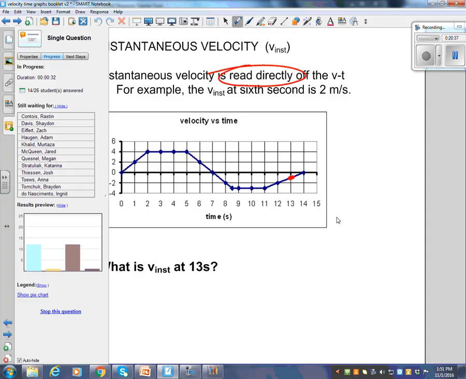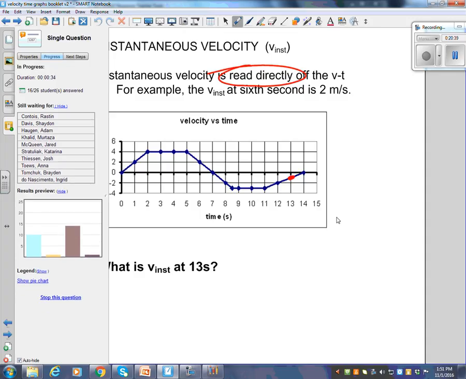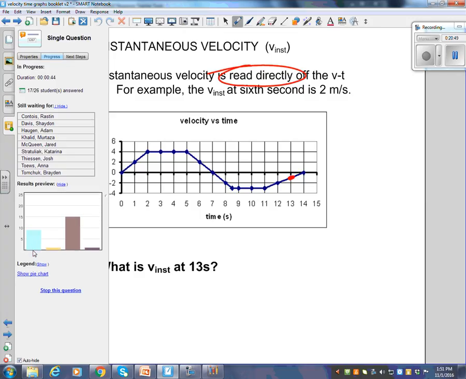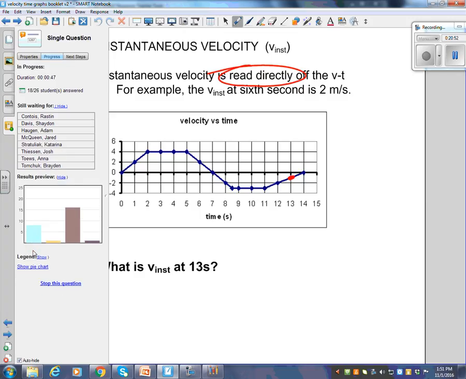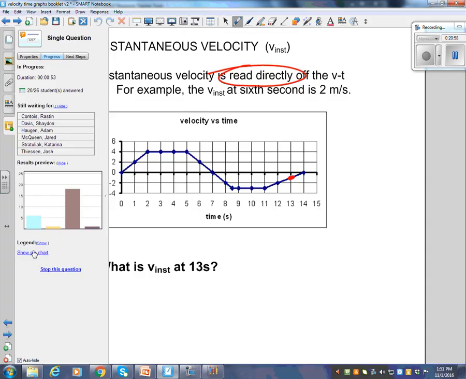Get the music out of your ears. This one is not answered yet. 10 people still to answer. V inst, you're reading it directly off the graph.